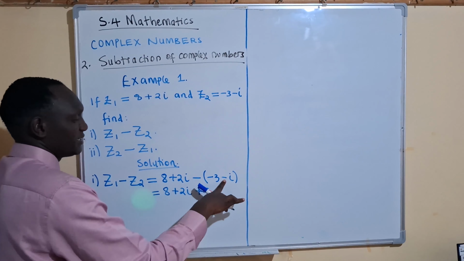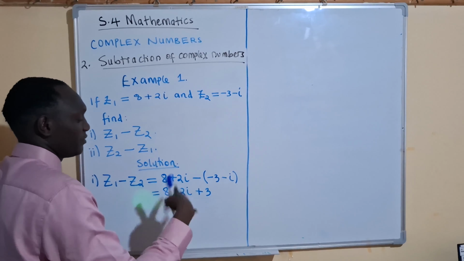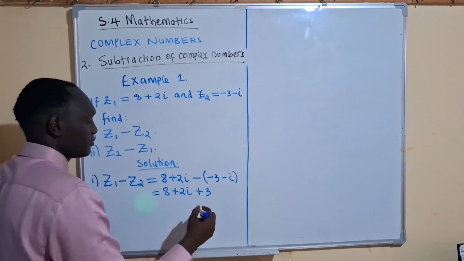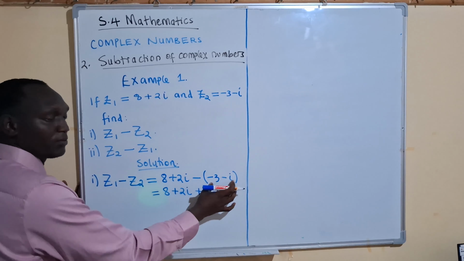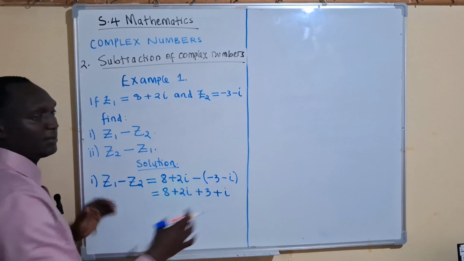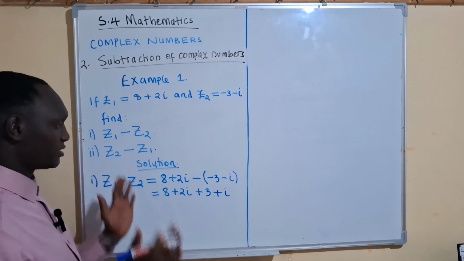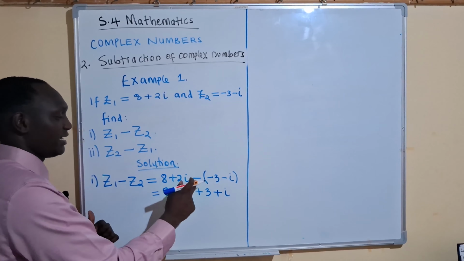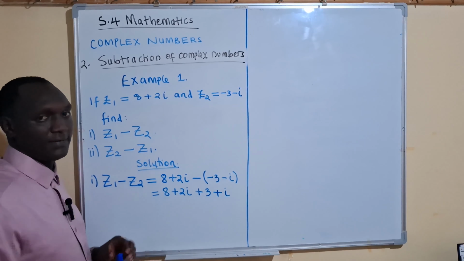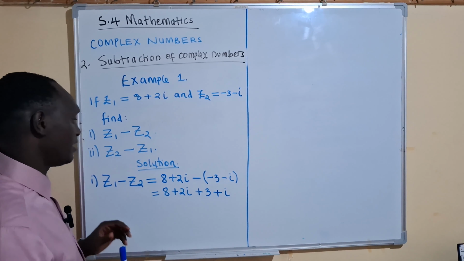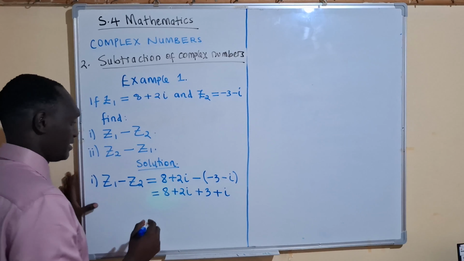The same, this negative and this negative, if we multiply them as we open the bracket, it will give us positive, so this one becomes plus i. So the only trick here is that if you are subtracting away a group of terms, more than one term, you first put them in the bracket. Why? The negative sign of the subtraction is going to alter the signs that they were previously carrying.